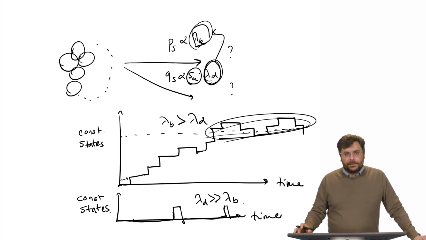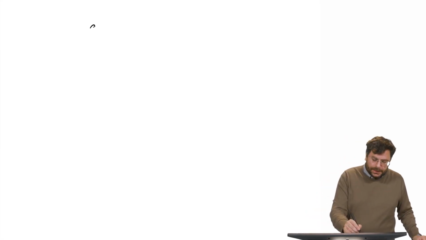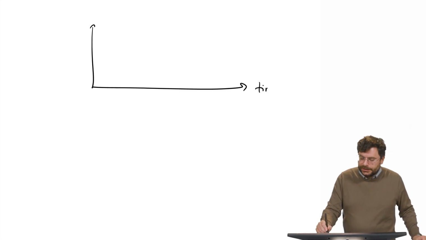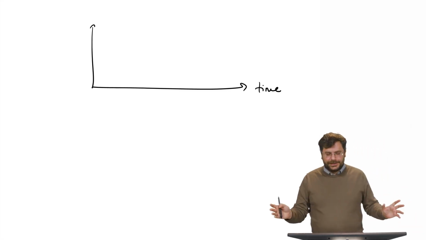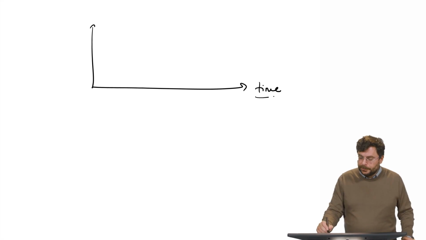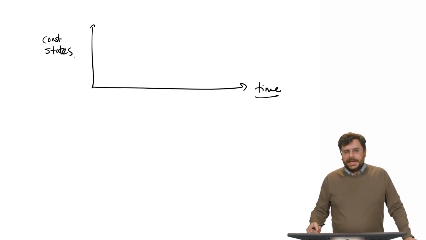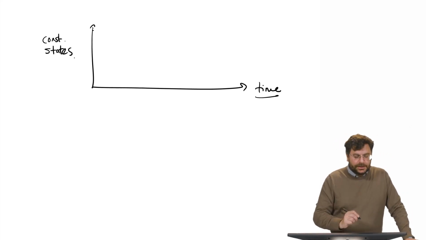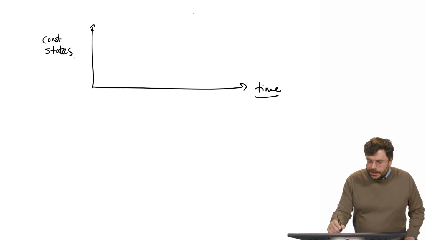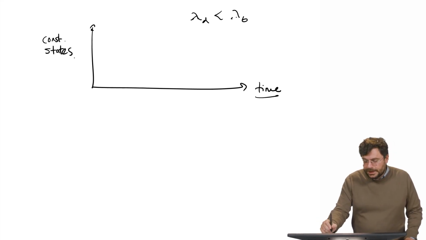Now, let's talk about the case where you don't start off with 0 members. In this particular case, if we run a simulation, and we'll look at it in the context of the simulations for Chapter 2, I have constitutive states here. If I start off with some population, I can say that lambda d in general is less than lambda b.